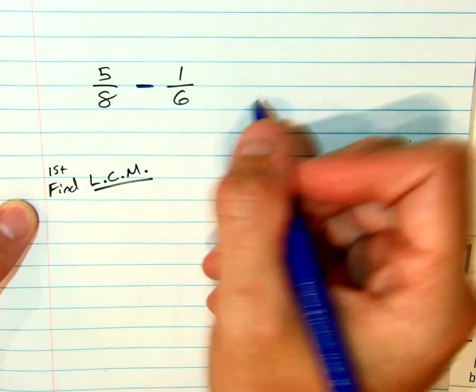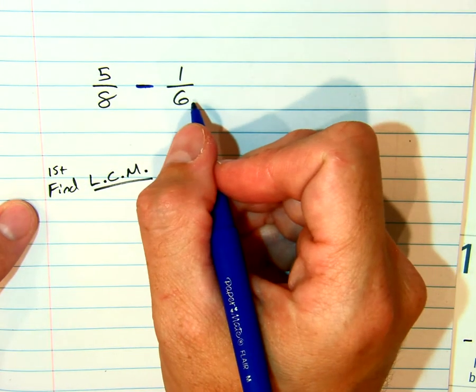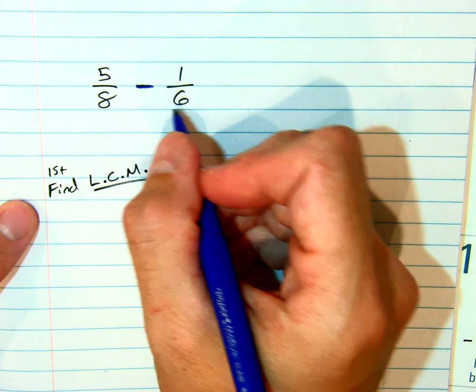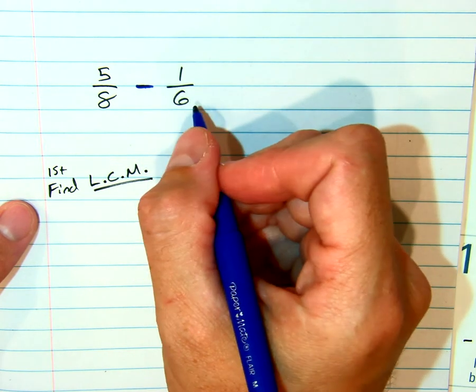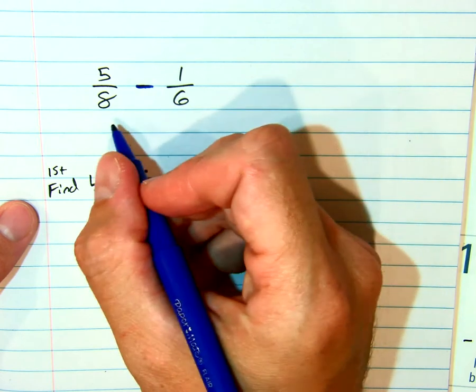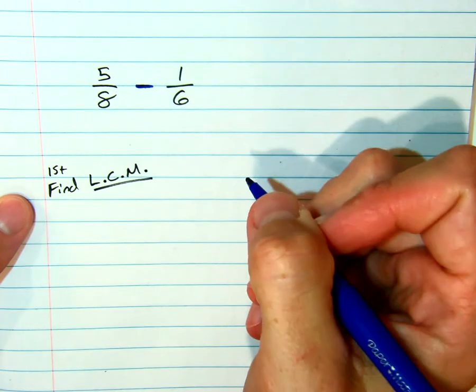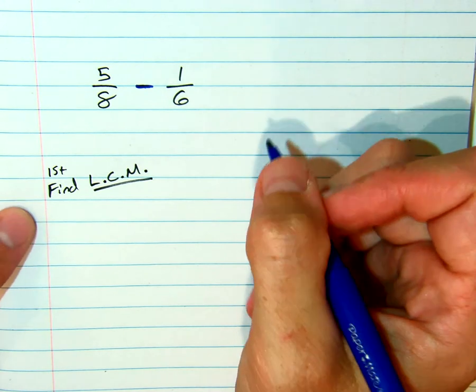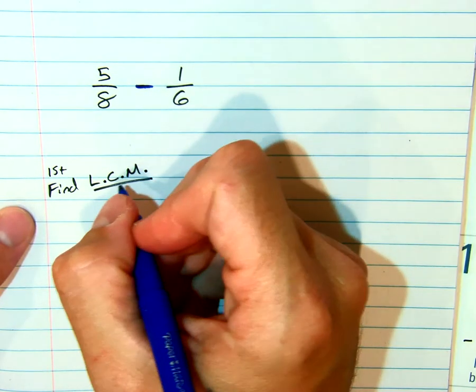Well, 6 times 6 is 36. We need 2 more 8s. Or, I'm sorry, 2 more 6s. So 36 plus 12, 48. So we could rewrite this as a fraction of 48, but it would be huge. Absolutely huge. So what I'm suggesting is first find the LCM.